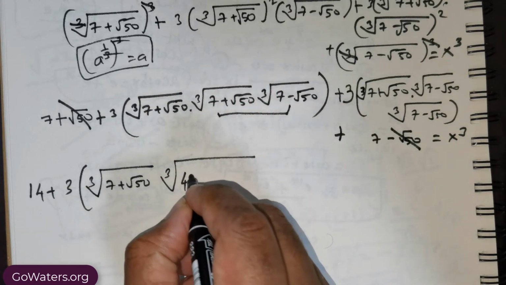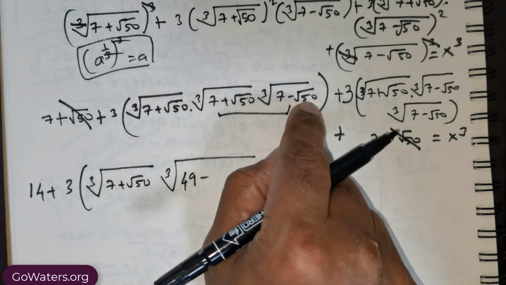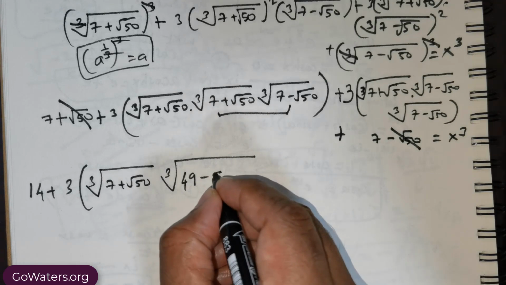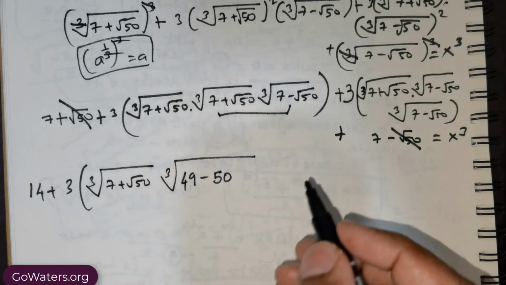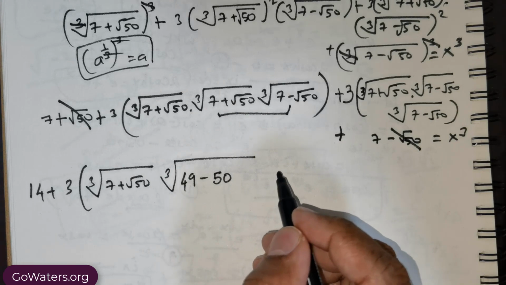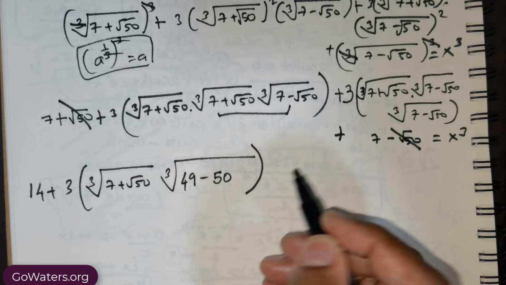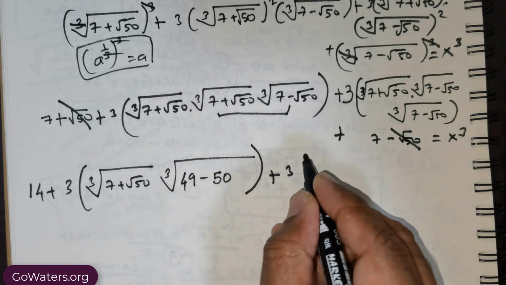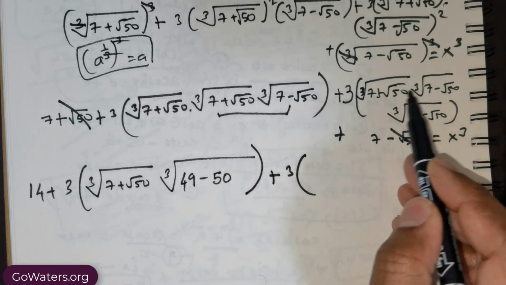So this is going to be 7 squared, 49, minus root 50 multiplied with root 50 would give me 50, followed by the quantity that is present here, + 3 times. Now I can club these two things together.